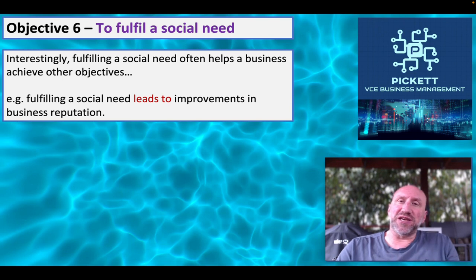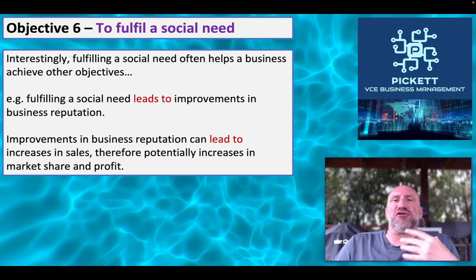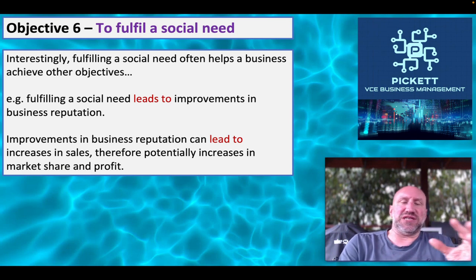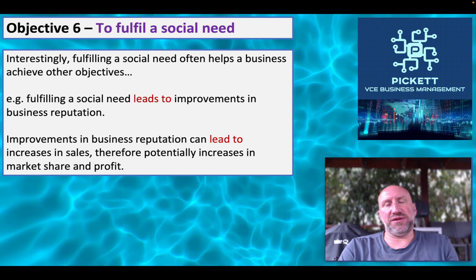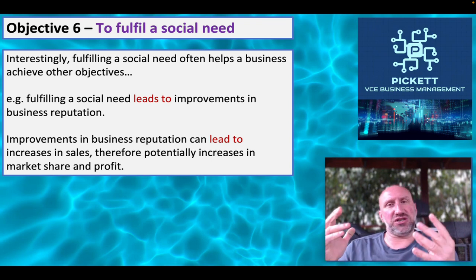So fulfilling a social need often leads to improvements in business reputation, because people like buying from a business where they feel that in purchasing from that business, they're contributing in some way as well, or they're doing some good. So improvements in business reputation then obviously lead to an increase in sales, and therefore potentially an increase in market share and profit and all of that good stuff.